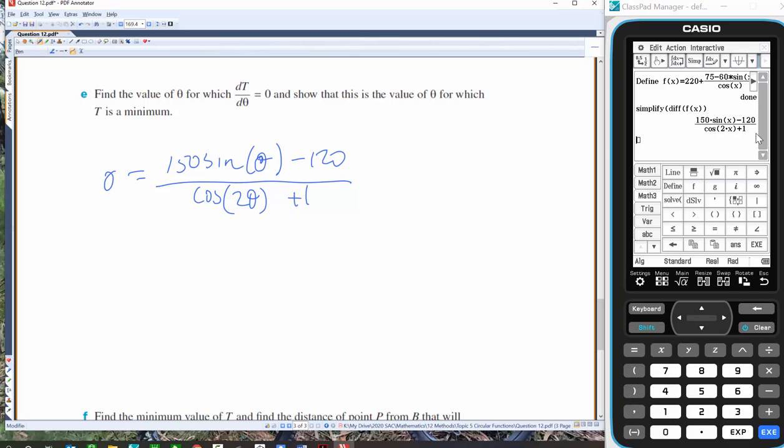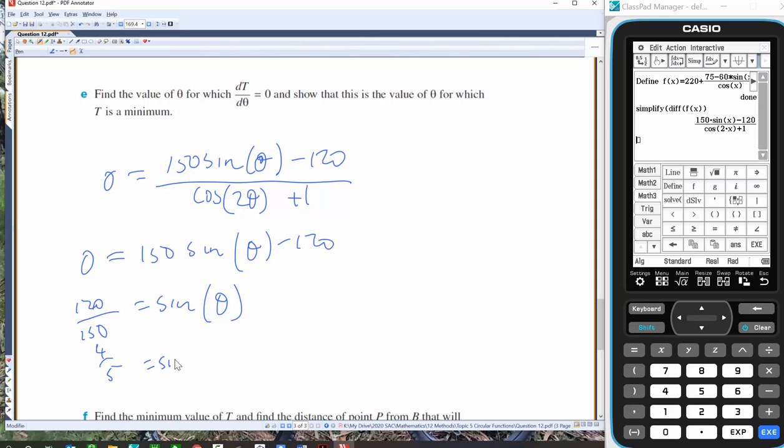So all I've done is I've got my derivative here on the calculator and I'm just going to let it equal 0, i.e. dT/dθ is equal to 0. So now I'm going to go ahead and solve. Now when I multiply both sides by this, that just chops out, leaving me with 0 equals 150 sine θ, take away 120. Let's solve that. 120 over 150 equals the sine of θ, which is 12 on 15, which is 4/5 equals sine θ.